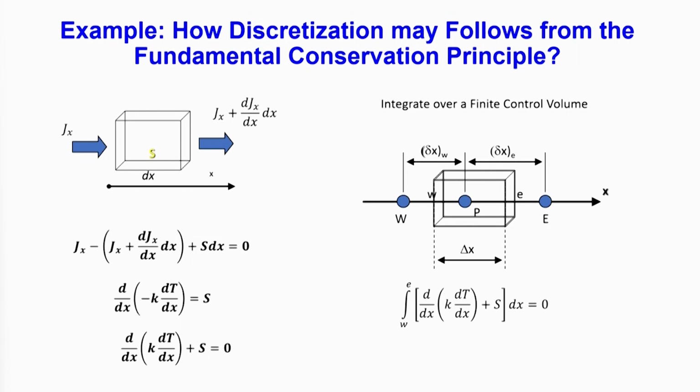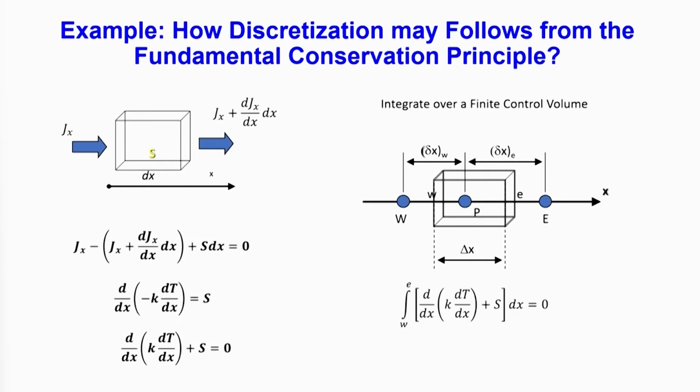Now, writing it in terms of mathematical functions, let us say J is the flux, which is per unit area. You can write it as flux in minus flux out, and in the flux out you use a first order Taylor series, like J at x plus dx is J at x plus dJ/dx times dx, right.